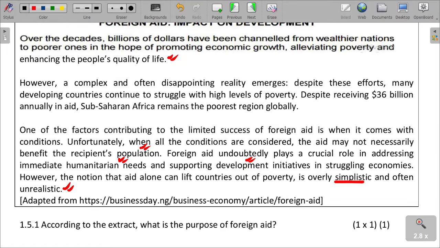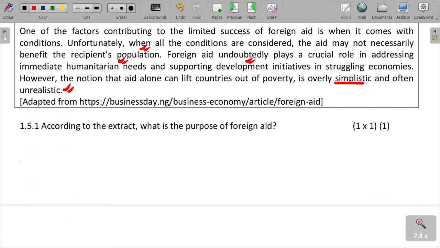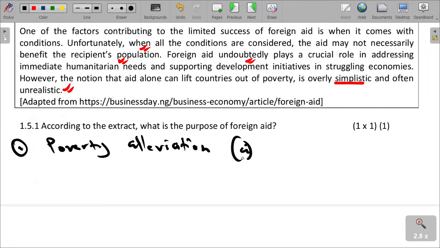This is actually targeting poverty alleviation, given the foreign aid impact on development. It is channeled from wealthier nations in hope of promoting economic growth, alleviating poverty, and enhancing people's quality of life. These are the targets. Poverty alleviation, reducing poverty.